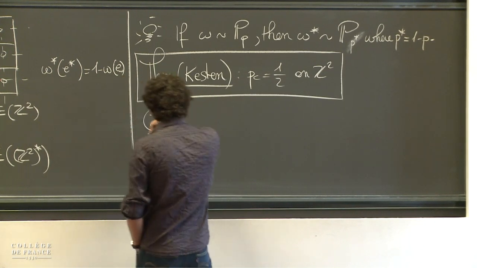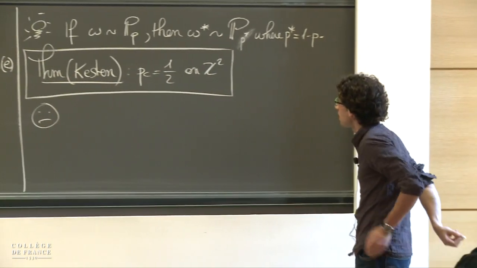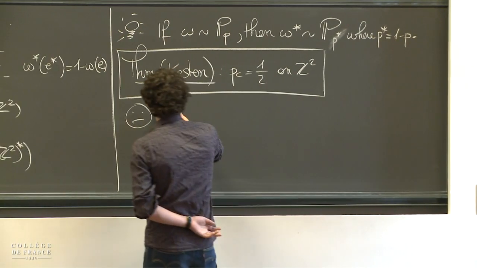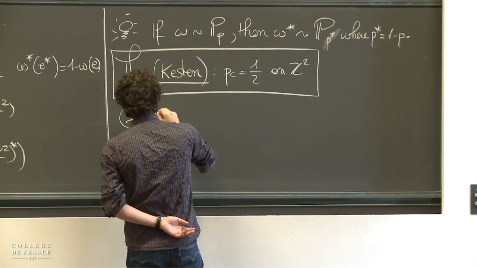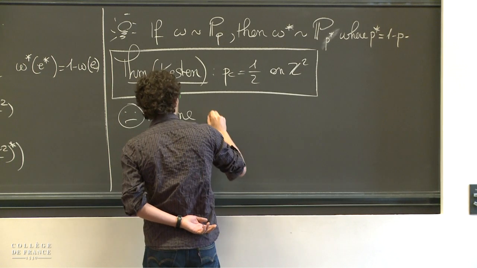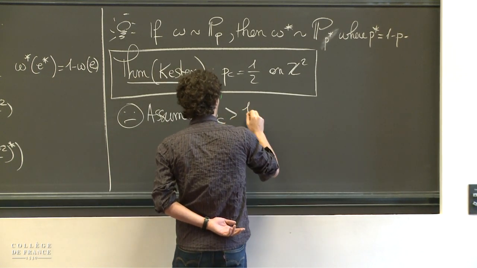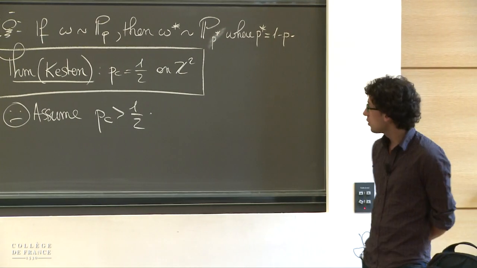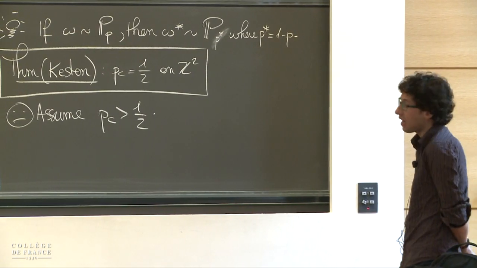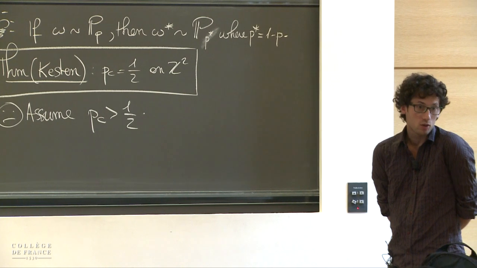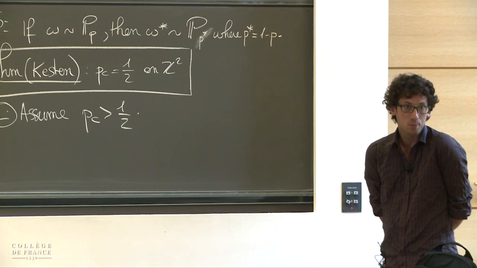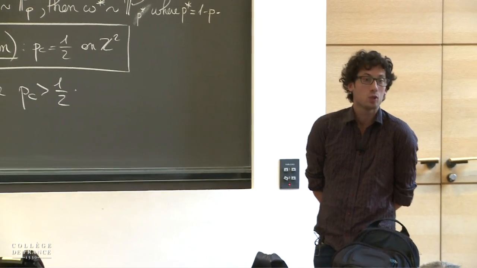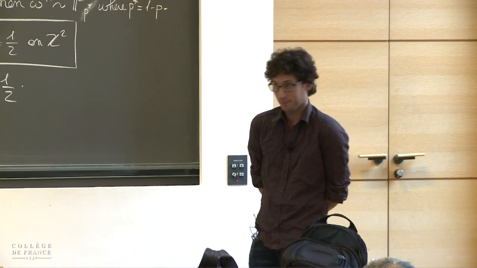So first, let's assume that PC is strictly bigger than 1/2. This is going to be the easy case. So in this context, we know that at 1/2, we are in the subcritical regime. We are strictly below PC. So by the theorem of last week, we know that there is exponential decay, right?